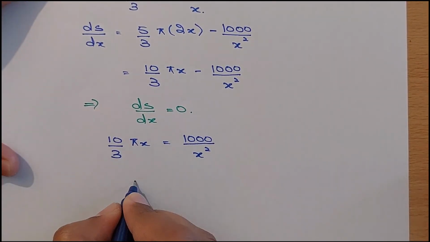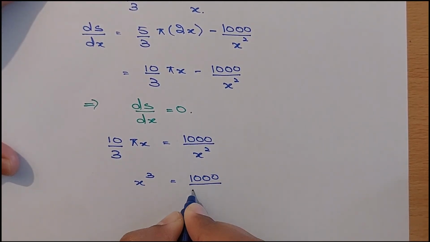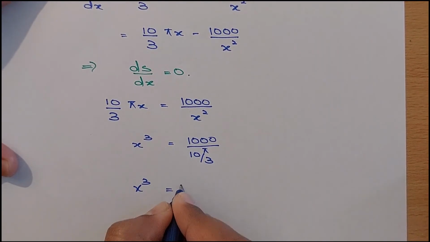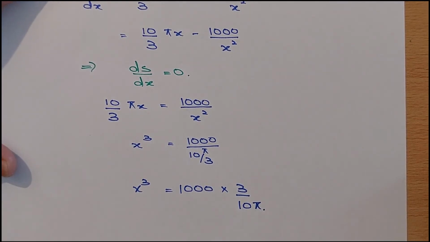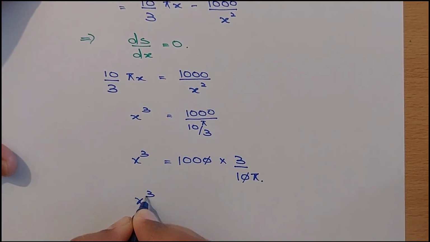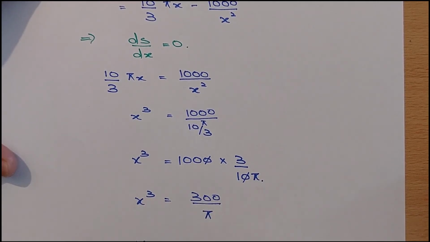This is multiplying here, so this is x cubed, and we have 1000 divided by 10 pi by 3, right? And x cubed is equal to 1000 times 3 over 10 pi, right? And 0 is cancelled with 0, so 300 by pi. x cubed is equal to 300 divided by pi, and the x value is the cube root of 300 by pi.